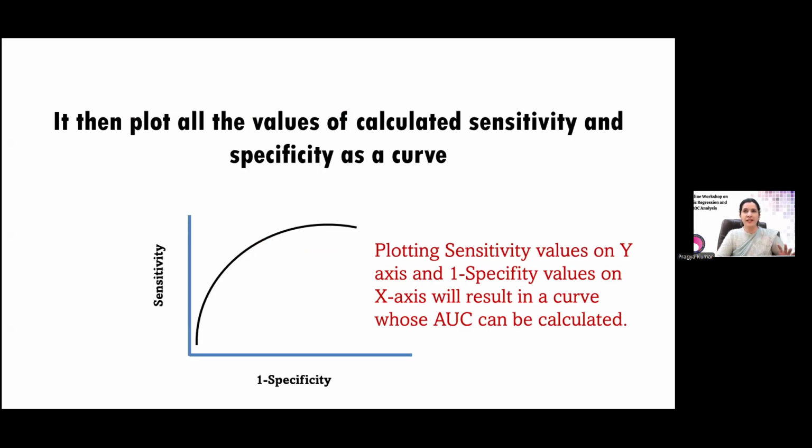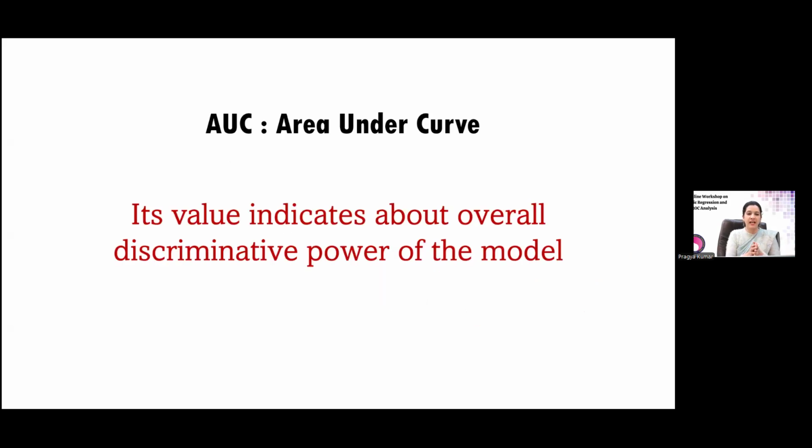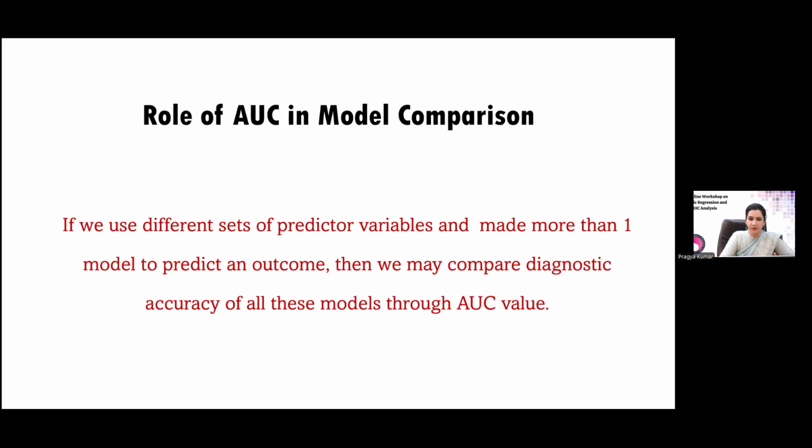So this we have seen: it is the plotting of sensitivity and 1 minus specificity, so that we can calculate the area under the curve. Its value indicates the overall discriminatory power of the test or model, whatever we are doing. So for the role of AUC, where we have written model comparison, it is not always model.